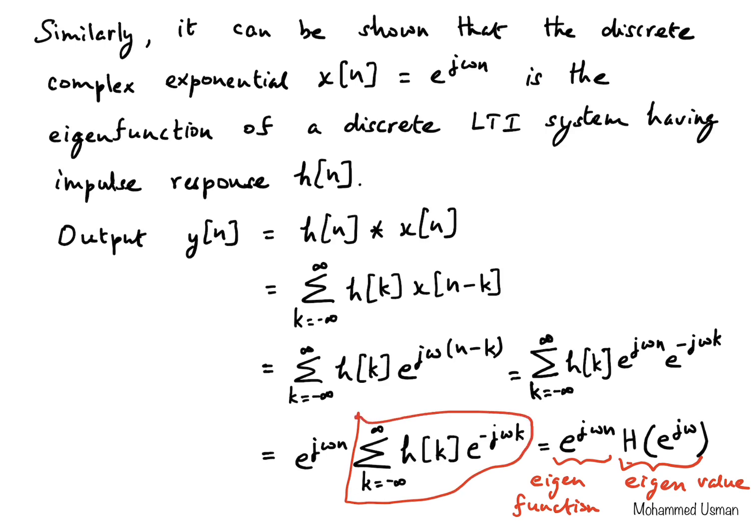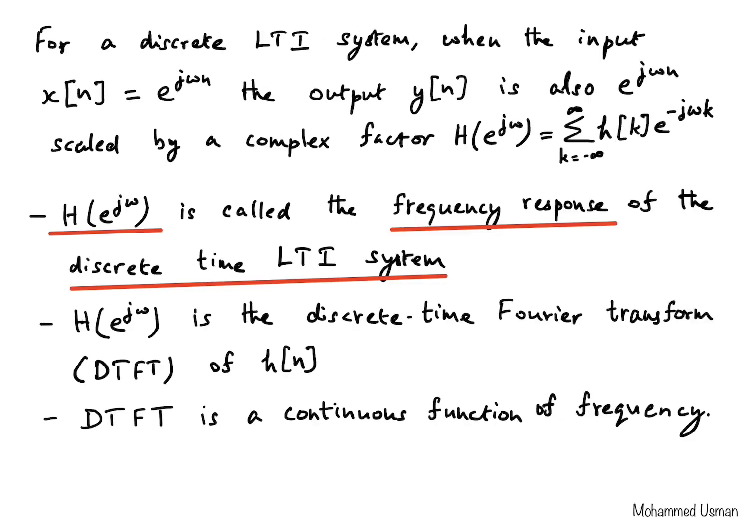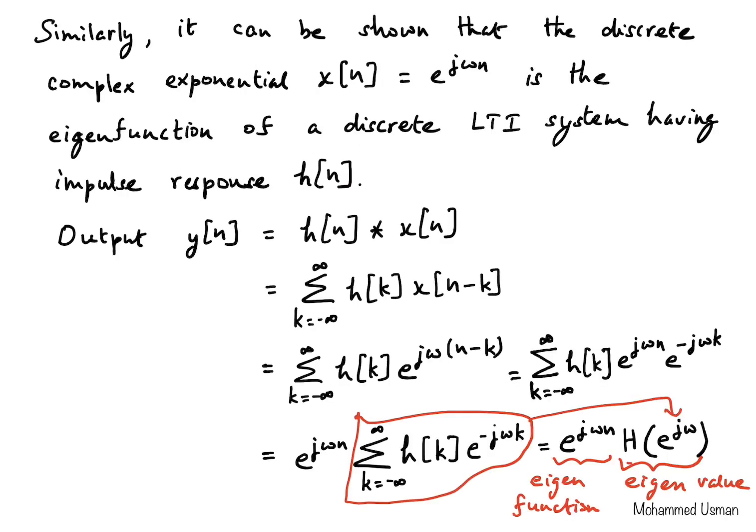This calculation that we are doing to compute H of e power j omega is called the discrete time Fourier transform of the impulse response h of n. So basically we are computing the DTFT, discrete time Fourier transform, of the impulse response h of n.